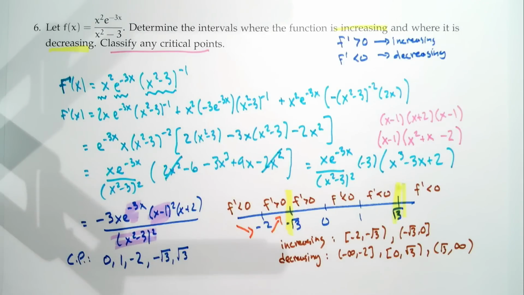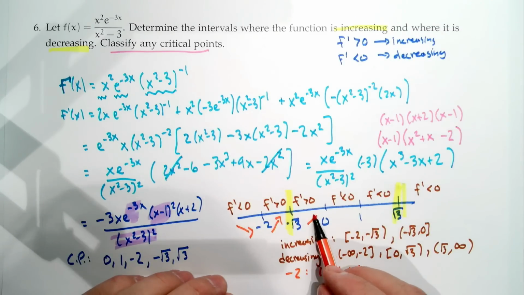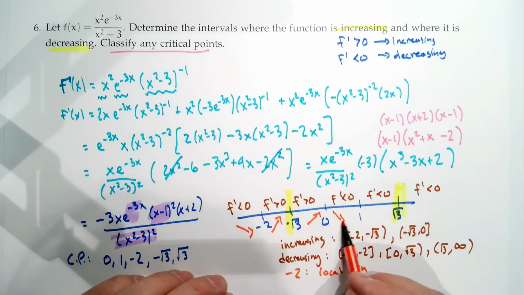So when you see the derivative going from a negative to a positive, that means your function was going down, now it's going up. So negative 2 is a local min, because down, up.